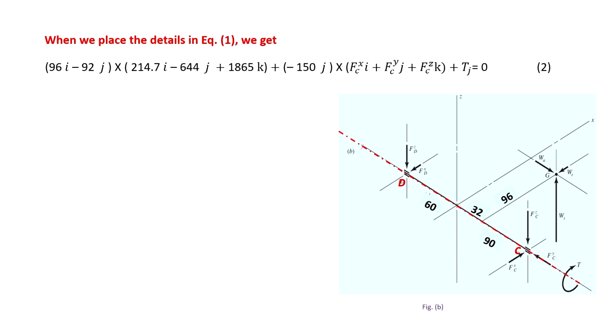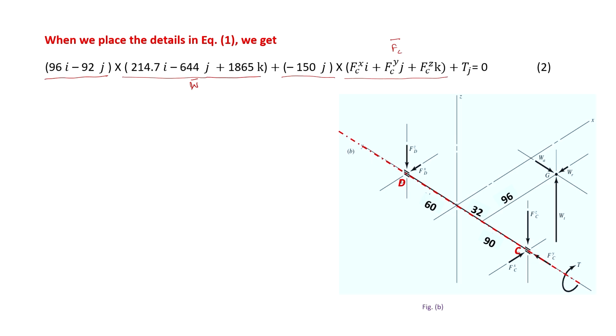So, substituting the values, we have this one, this is your Fc vector, and this is your W vector.